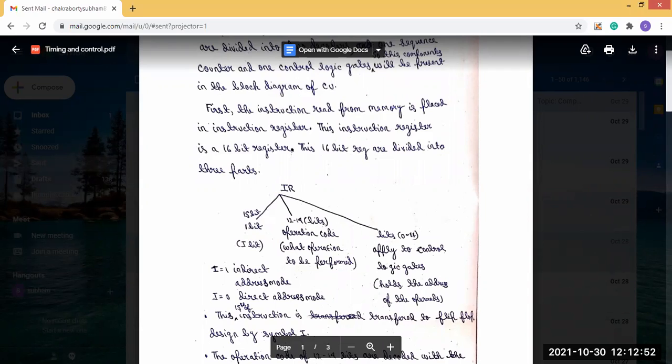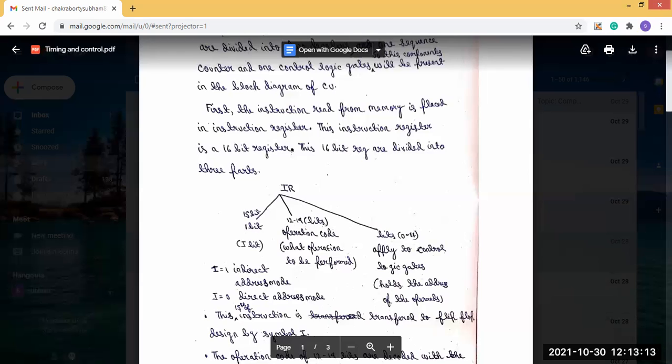And the last bit, the 15th bit, is a single bit, which we can call the I bit. It is used for addressing mode determination, which I will discuss later.